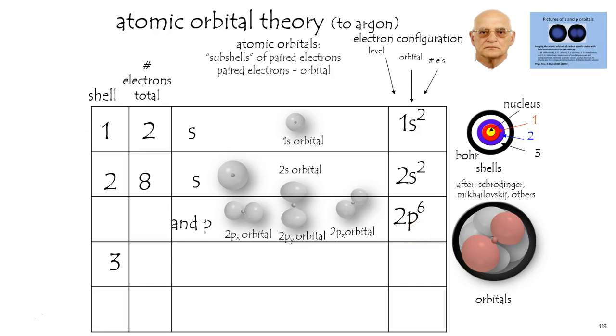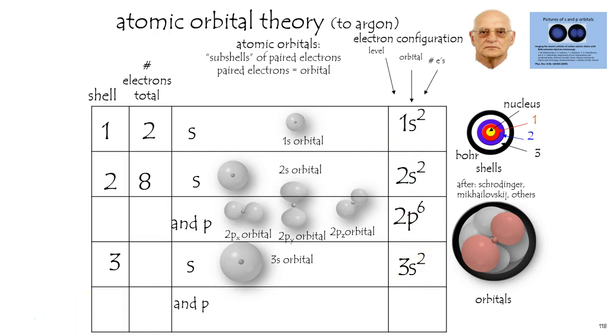Let's go out a little further. The third shell begins with the s orbital, and it can hold 2 electrons, and no surprise there, it's just a bigger sphere. So we're now at atomic number 12, I believe that's magnesium. It would be 1s2, 2s2, 2p6, 3s2, where all these numbers and letters are trying to give you an idea of exactly where the electrons are.